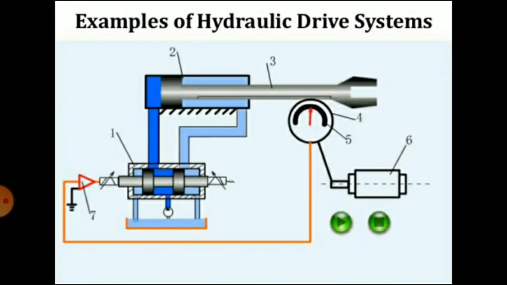Another example of a hydraulic drive system is shown, how the actuator is moved in a forward and reverse direction by using the control valves and the hydraulic fluid.